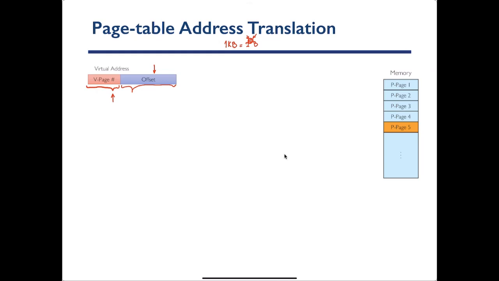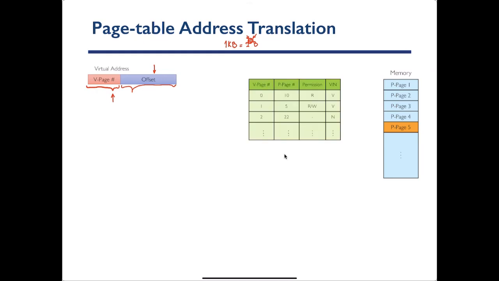Now, to translate, we need to translate virtual page number to physical page number. So we will have a table. This is called page table that maps virtual page number to physical page number. And we're going to now add, in addition to what we've seen in the past, some permission. This permission, we could have had it in segment table as well, but I'm introducing it here.